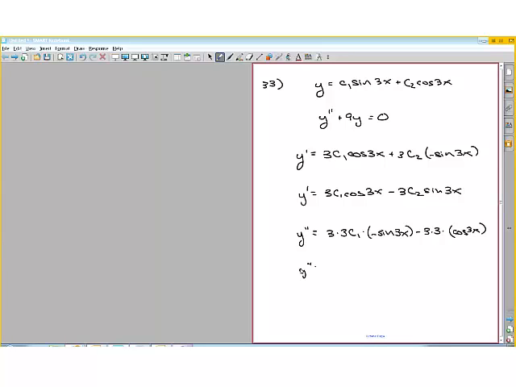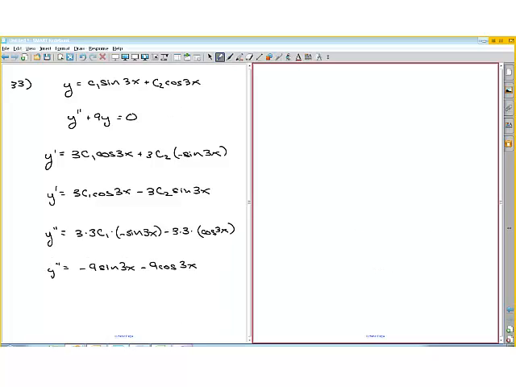So again, we can bring the negative sign out, and we can complete this multiplication. So we have negative 3 times 3, which is going to be negative 9, times the sine of 3x. And here we get negative 3 times 3. There's no additional negative sign, so it's going to be negative 9 cosine of 3x. So those are the two derivatives.